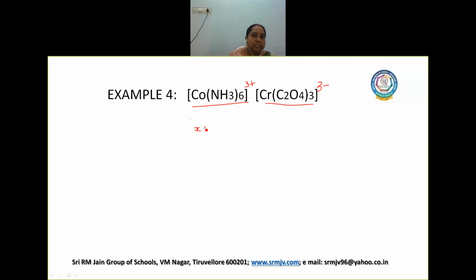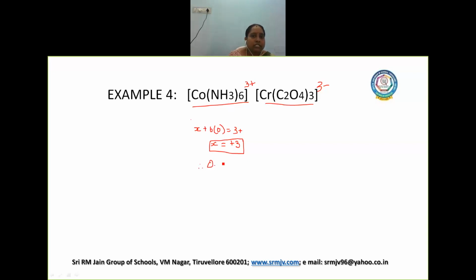So X plus, there are 6 ammonia molecules, whose charge will become 0, and then the charge of this complex is 3 plus. Okay. So X is equal to plus 3, or +3 is the oxidation state of cobalt.